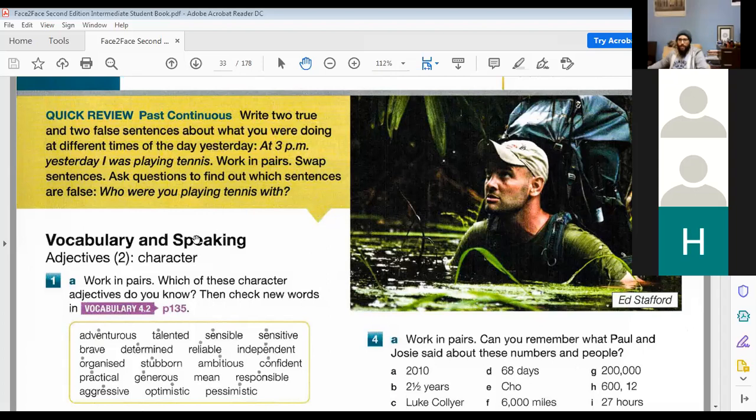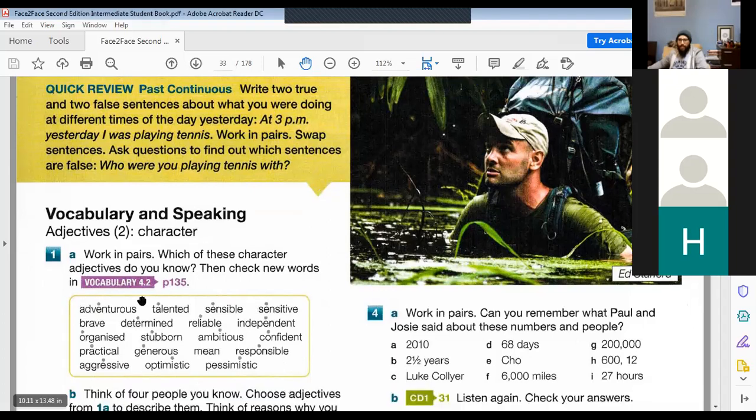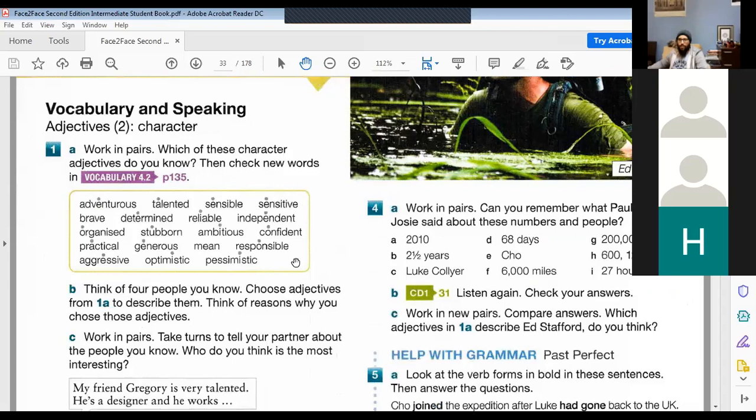Now, let's talk a little bit about these adjectives. So we have a group of adjectives. Of course, all of these adjectives are about character. Okay, let me read them for you.